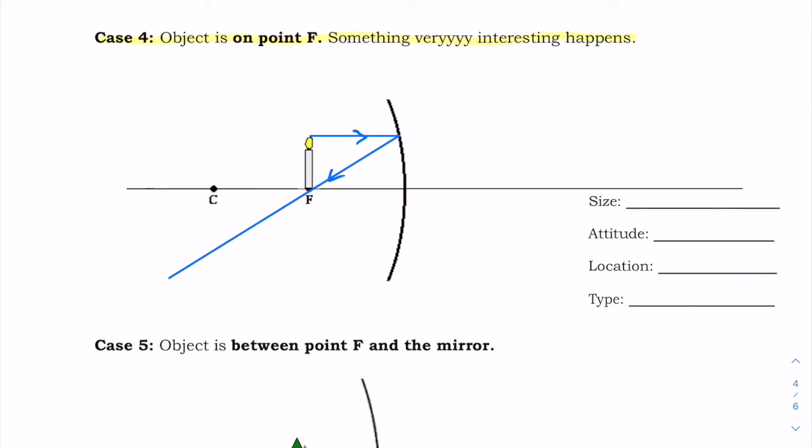So we'll skip it and we'll go to the next one that passes through C. Remember, this one comes back in the same direction it came in at. And the next one we'll draw goes through the vertex, which I'll label here. And it follows the law of reflection and reflects at the same angle it came in at.